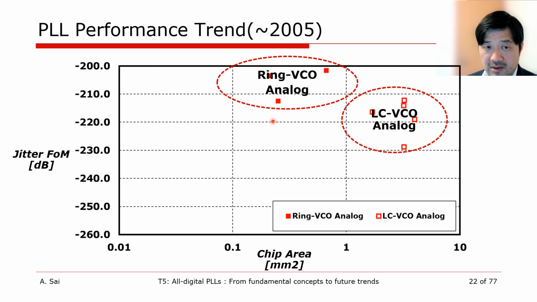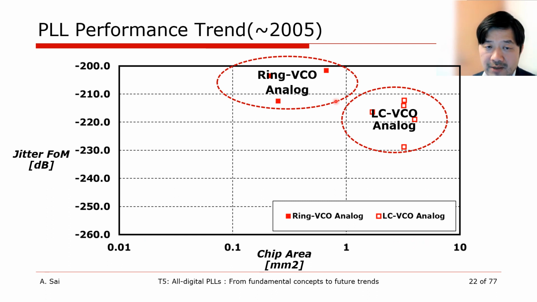And furthermore, in these tutorials, we will explain the performance trend and the evolution process of the PLL using the graph, plotting the jitter FOM as a horizontal axis and the chip area as the other axis.